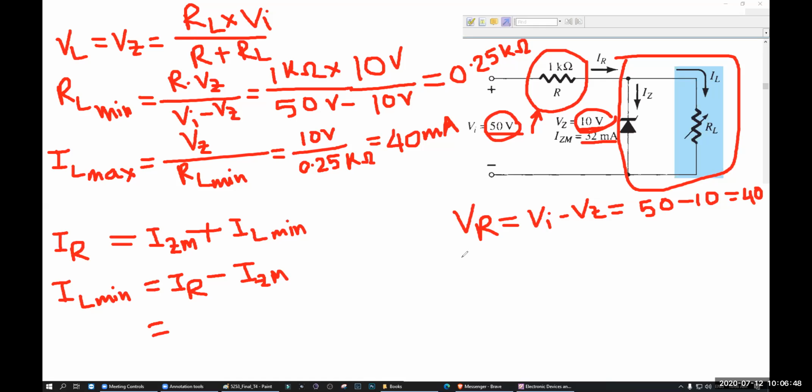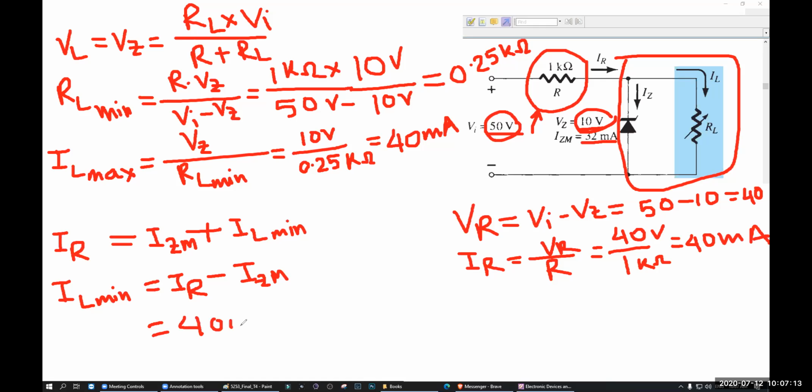Now what about IR? IR is equal to VR divided by R, right? 40 divided by 1. 40 milliamp. We write it here, 40 milliamp. What about IZM?